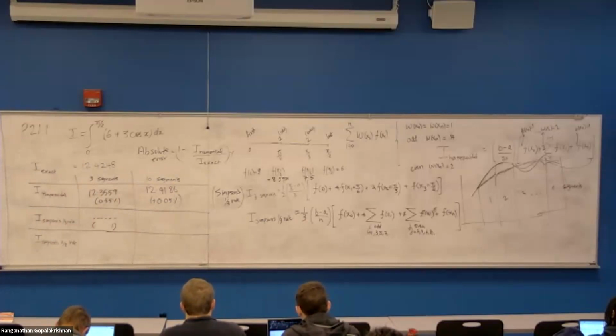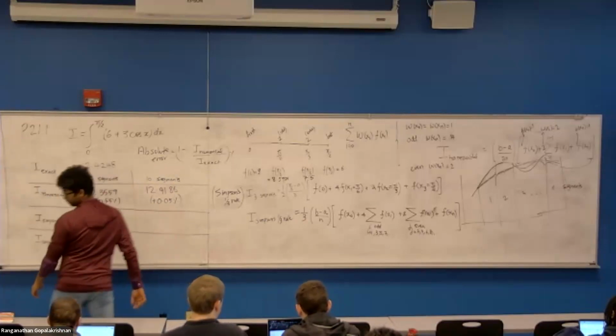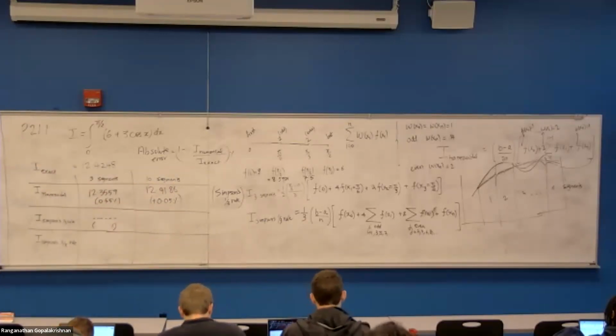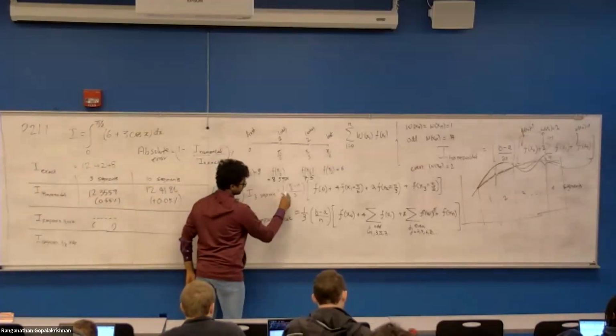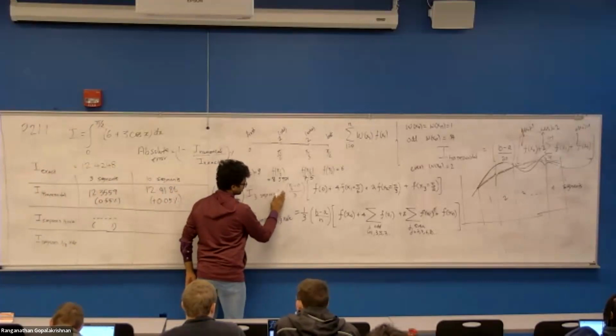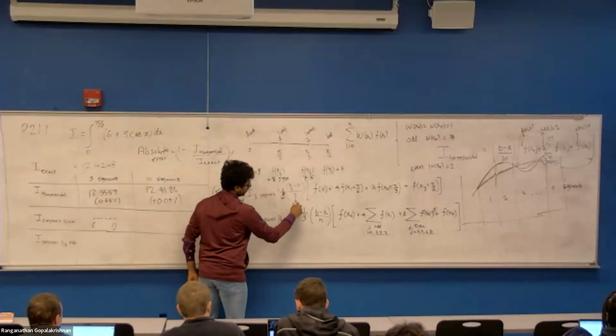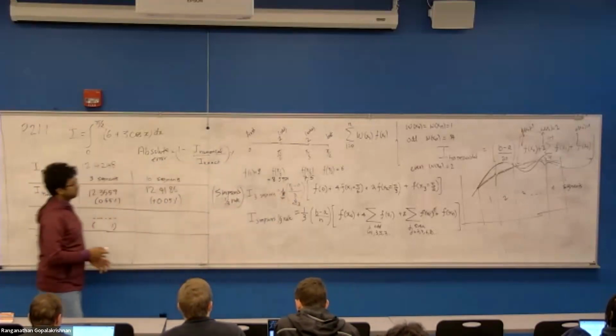Now, when you do this, make sure you have the 1/3 factor and not one half. This is 1/3, okay? And then this n is n equal to 3.